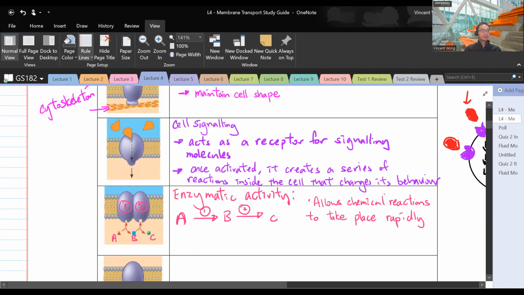Okay. And these enzymes, 1 and 2, you can have more, like 3, 4, 5. These enzymes belong to the same chemical pathway. All right.